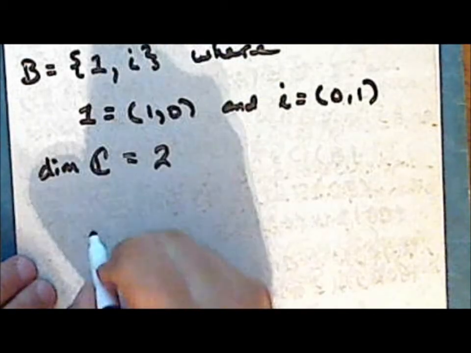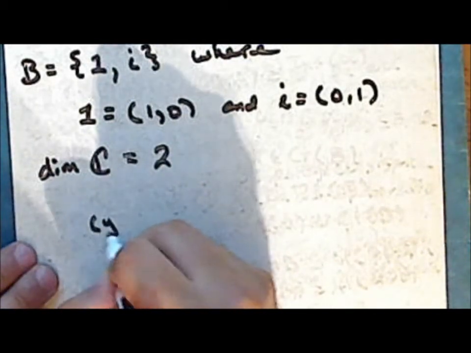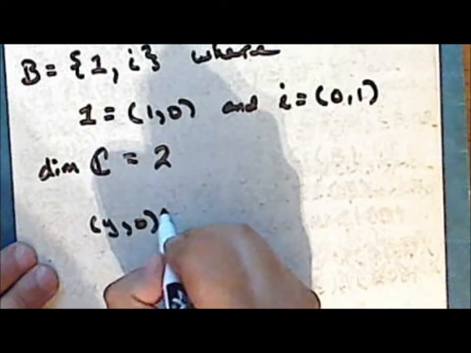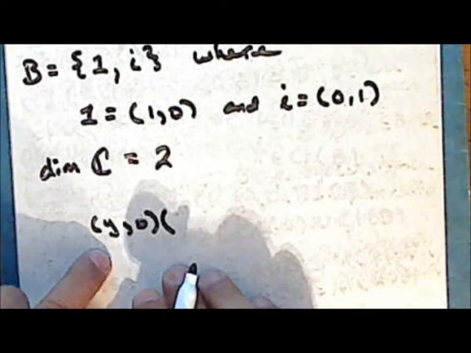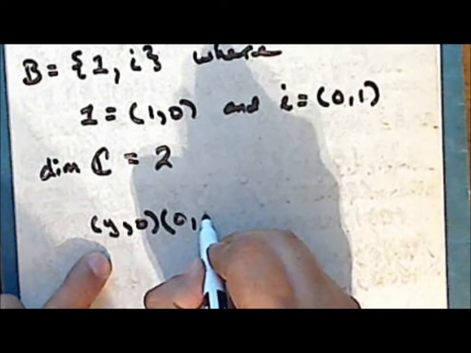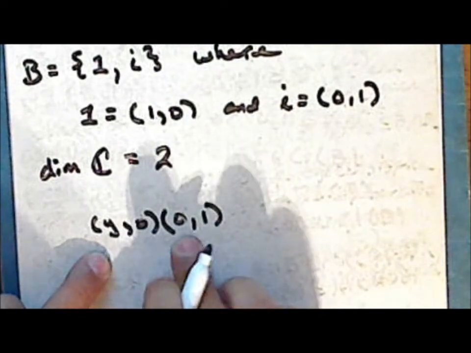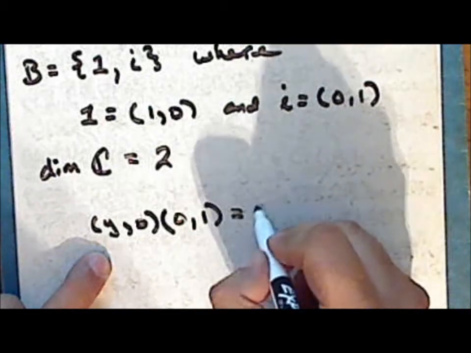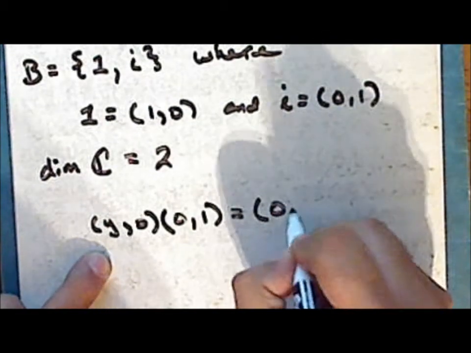So notice that if we multiply the purely real number y in vector form, y, 0, with the purely imaginary number i in vector form 0, 1, then this gives us the vector 0, y.